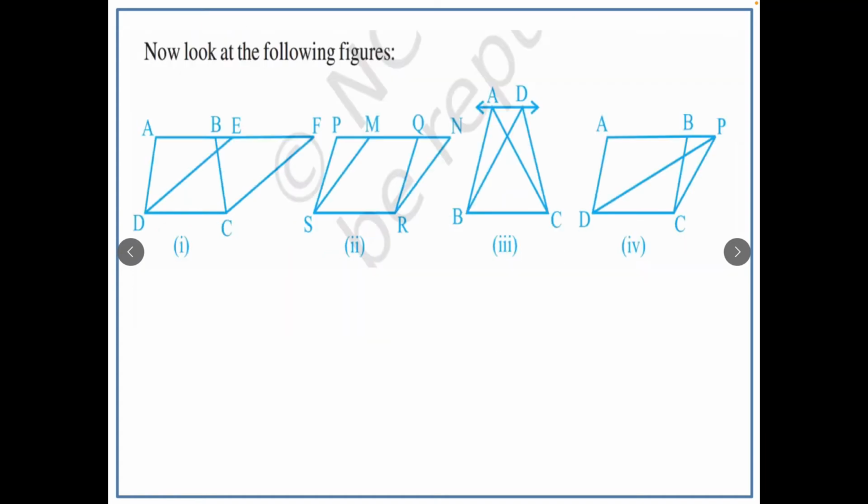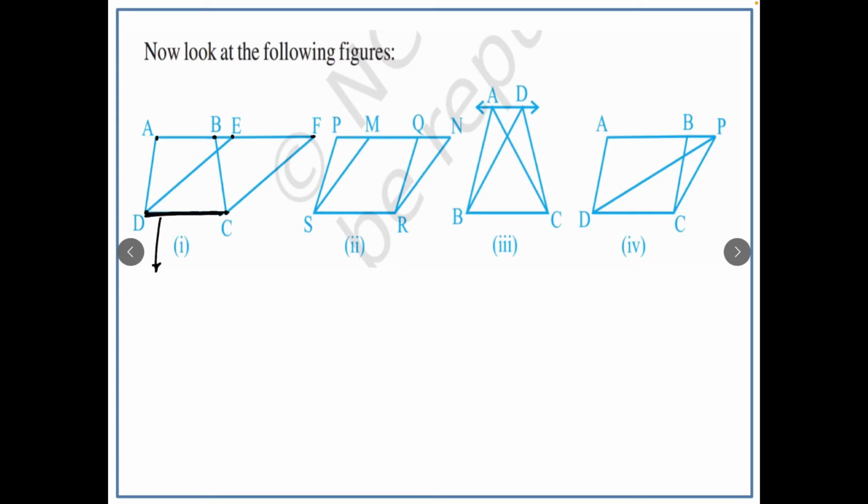Okay, now look at the following figures. In this figure you will not only find that they are sharing a common base, but they are also lying between the same parallels. Which means here we have a trapezium ABCD and a parallelogram CDEF. First you will see that these two are sharing a common base which is DC.